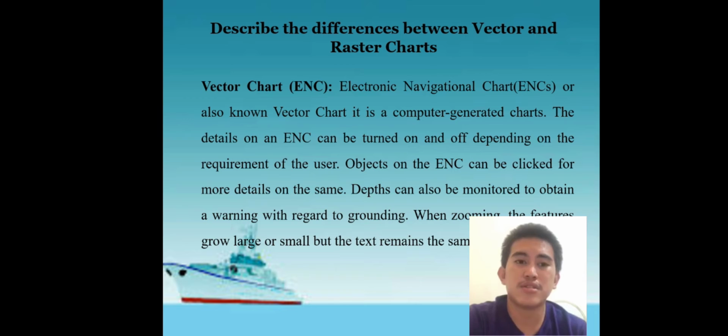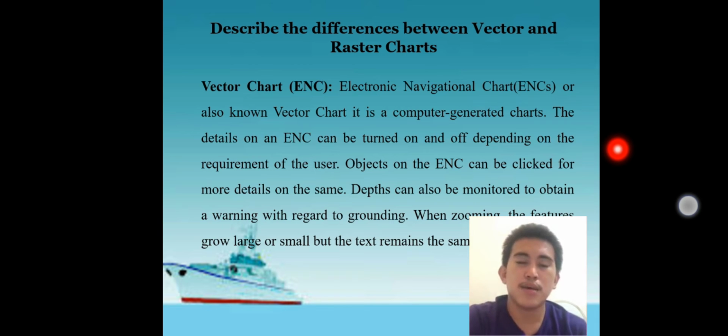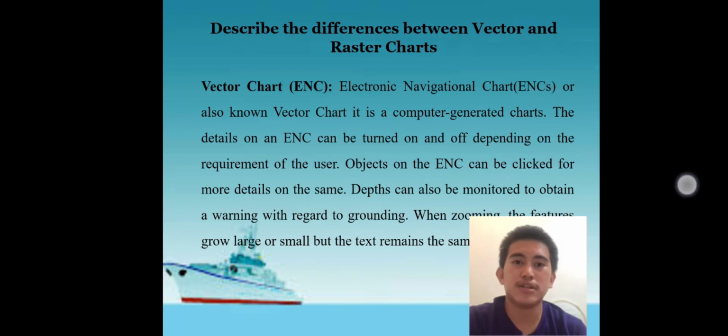Raster charts, or what we call RNC, are known as a paper chart or a printed chart. So the difference between the two is that the vector chart is electronic, while the RNC, or raster chart, is a paper chart or a printed chart.